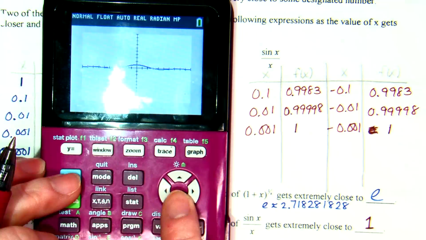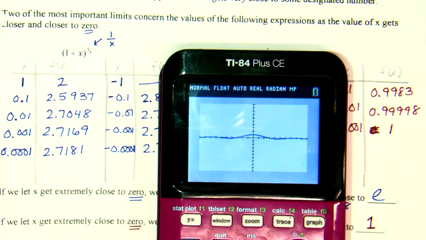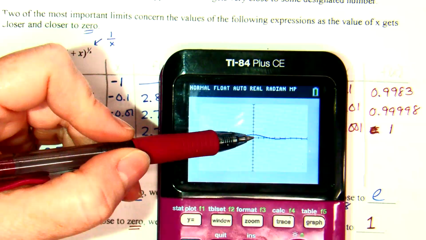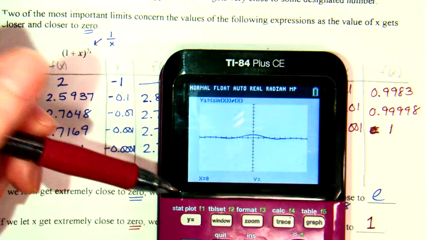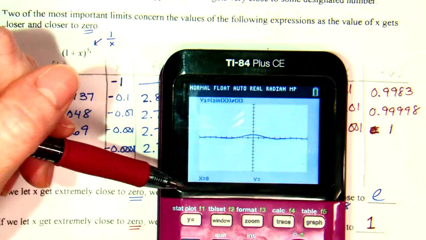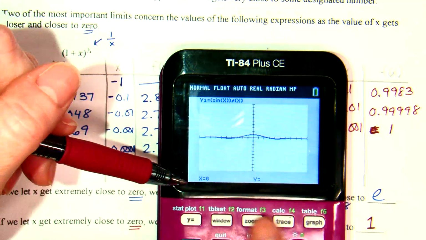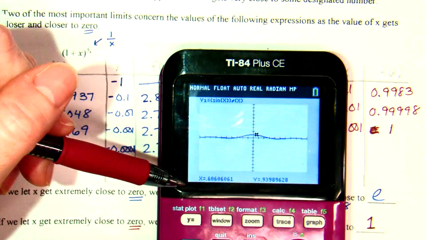Okay, guys. As x approaches 0, so where am I walking towards? As x approaches 0, we're going to the y-axis, right? That's where x equals 0. So when x equals 0, what's my graph doing? It's going up to approximately what? 1. If you hit trace, okay, again, it doesn't actually exist at 0 because you can't divide by 0, right? It'd be sine of 0, which is 0 divided by 0, doesn't happen. But if you arrow left or right, you're going to have numbers that are increasingly closer to 1, okay?